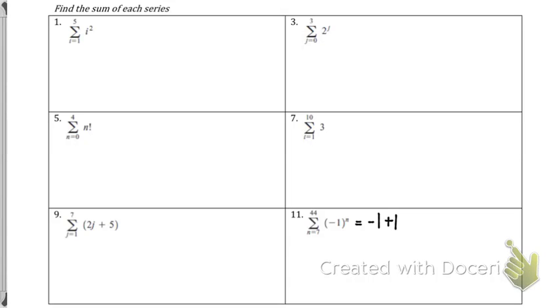So the only thing you have to do is figure out whether this is going to end on an even number, which cancels it out, or an odd number, which is going to leave it as negative 1. So I look up here and it's 44, which is even. So that means I go dot, dot, dot, and we'd end on a positive 1, because that would be negative 1 to the 44th, which makes it positive, which means it just turns to 0.